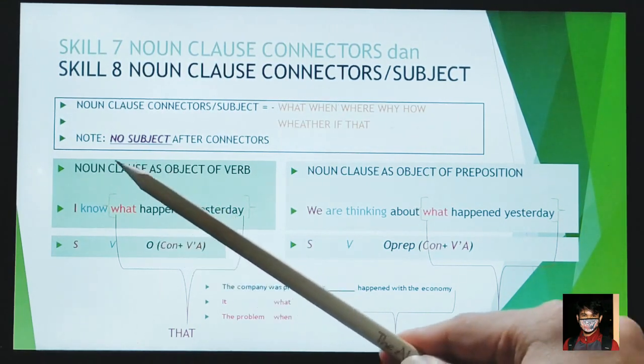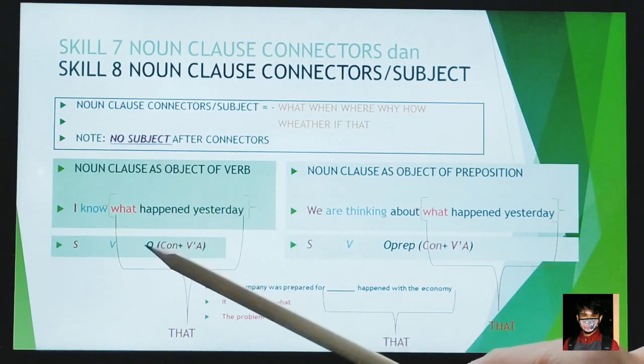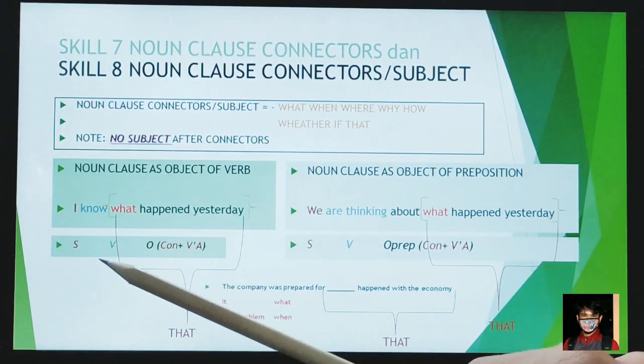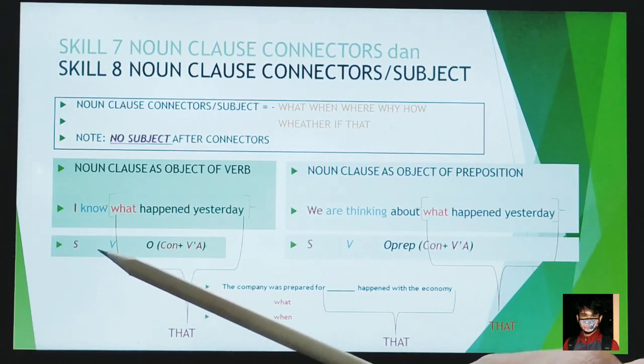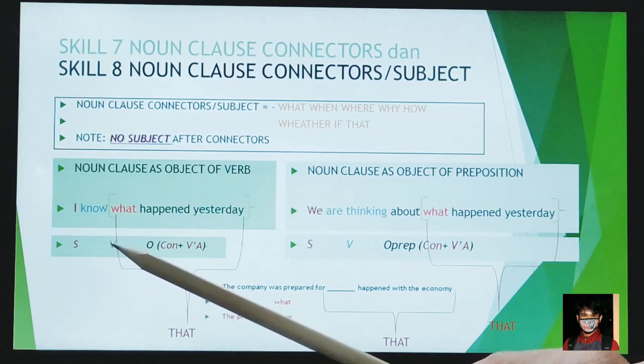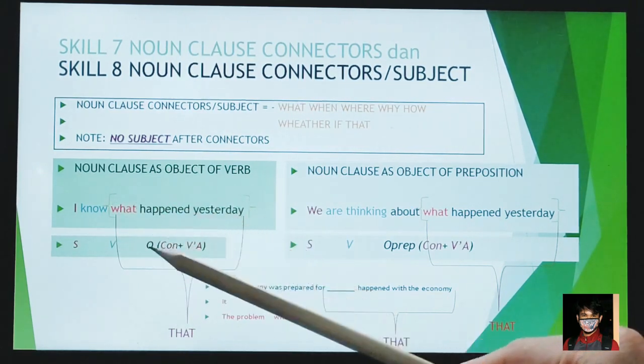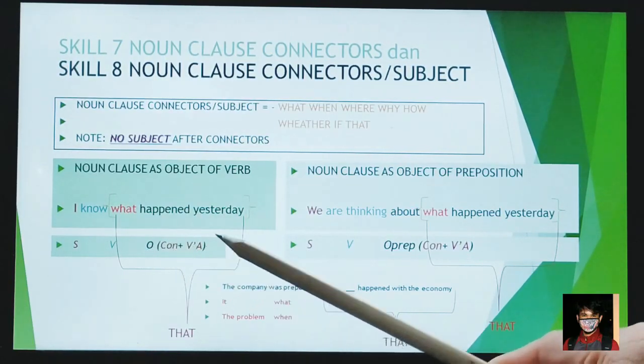Remember that there is no subject in a dependent clause, the noun clause. So if we would like to figure out the structure of the sentence: subject, verb, and then the object that consists of this.